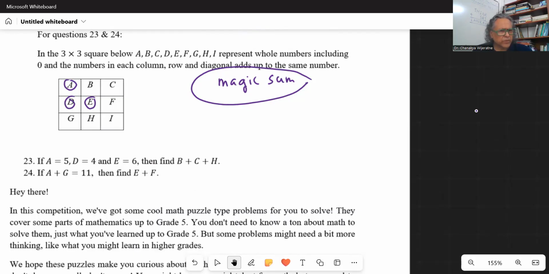So since I want to find the sum of B, C, and H, one approach is that I can add the numbers in these 2 columns. If you ask why you do that, you have to wait until I make the next move.